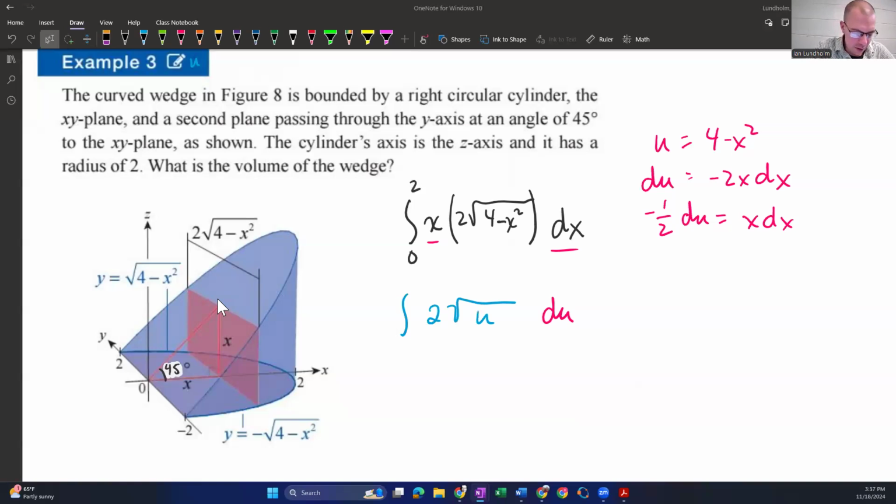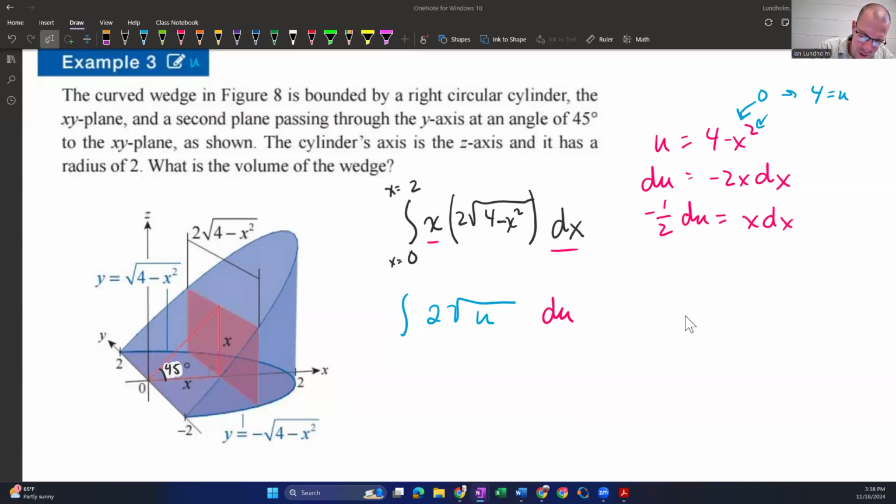And now we've got a question. Do we want to work with x, or do we want to work with bounds of u? Let's change these bounds into u bounds instead of x bounds. So up here, we've got x equals 2 and x equals 0. And I want to turn this into u bounds. So if I throw in x equals 0 into here, then u equals 4.